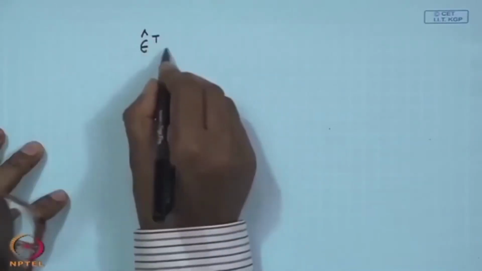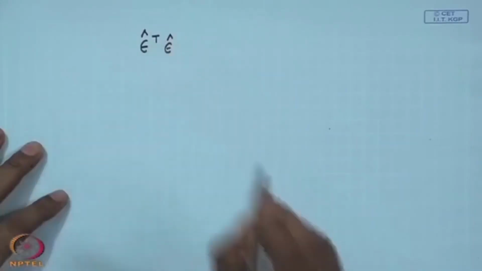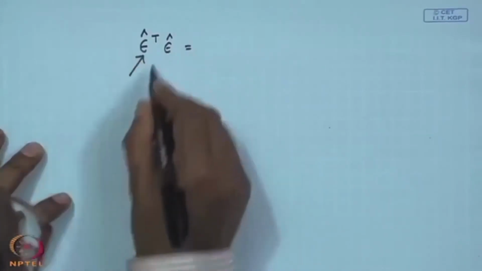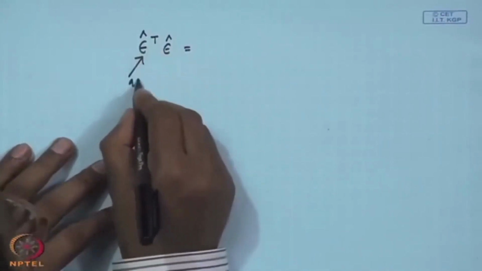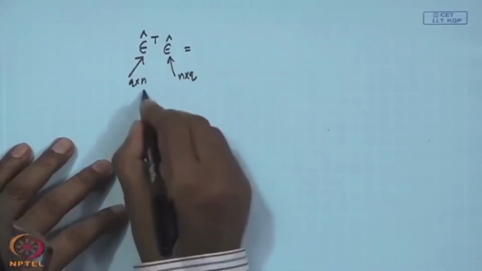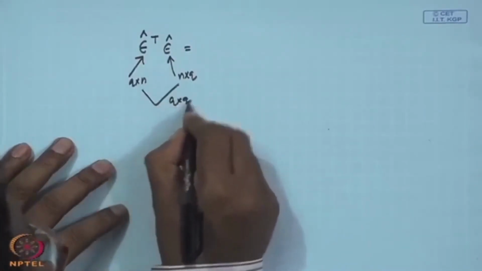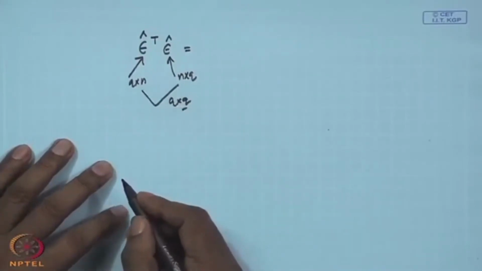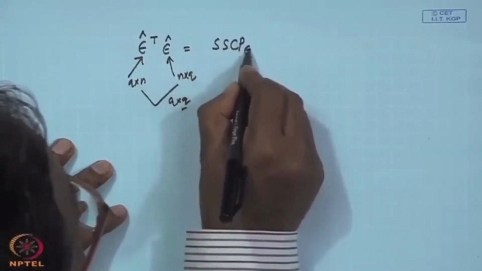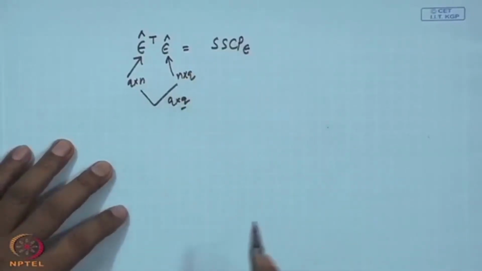Now if I make epsilon cap transpose epsilon cap, then what is this value? Epsilon transpose will be q cross n, and epsilon will be n cross q. So this quantity will be q cross q. This is your SSCP error part.